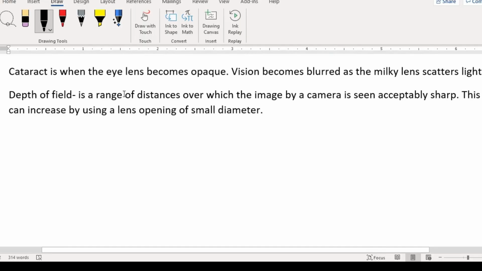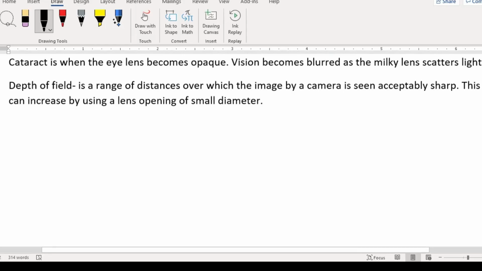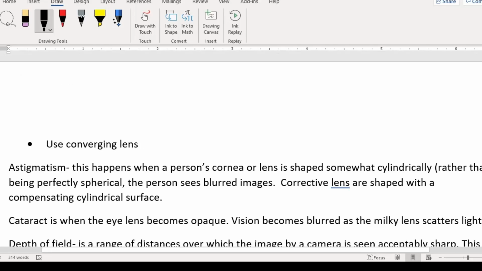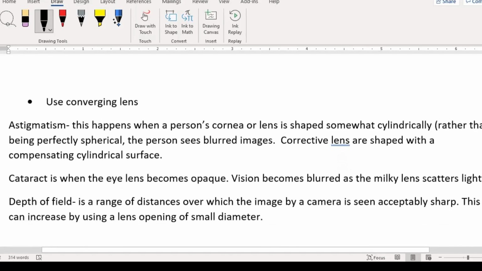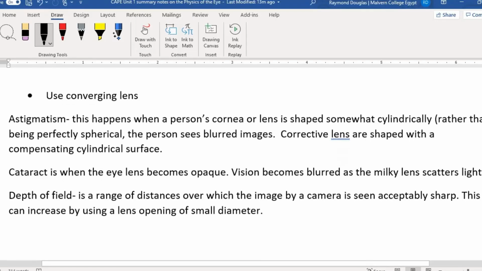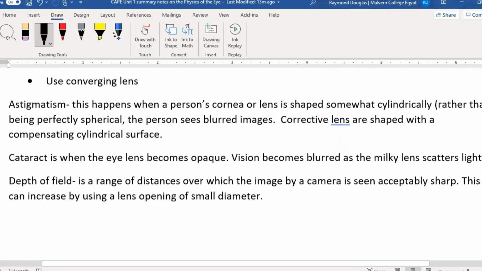Please make sure you research it a little bit more, so that you should be able to identify the depth of field on a camera, right?